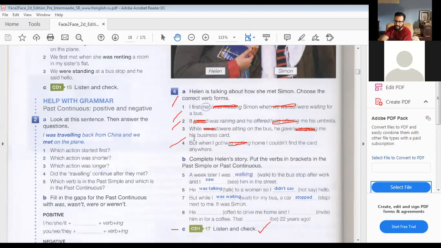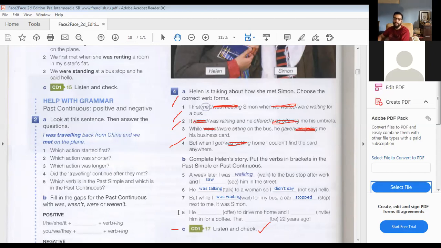So number 8. He offered to drive me home, and I invite him in for a coffee. That be 22 years ago. Just a minute, I think.